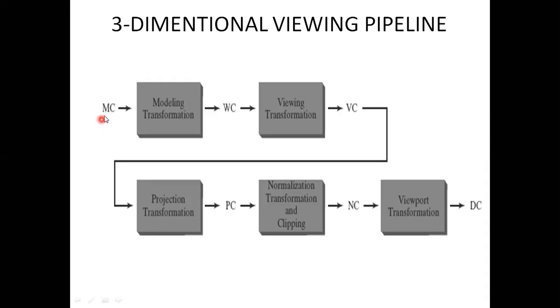Fine. So for those individual coordinates, I need to do some transformation so that all those people or all those things will be captured and fit into my actual scene. That is world coordinates.